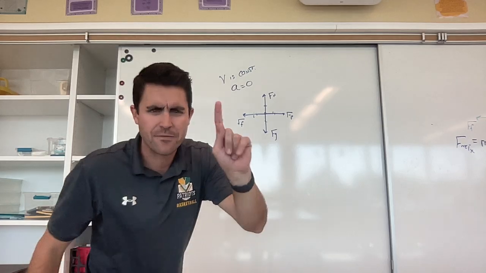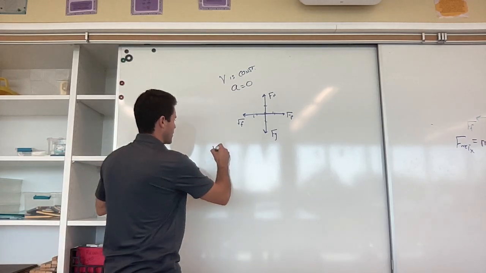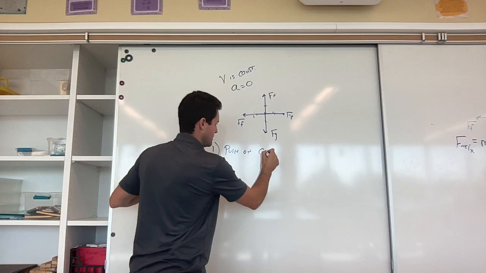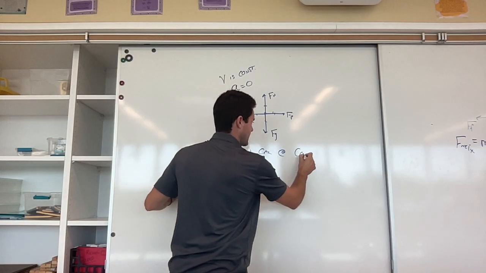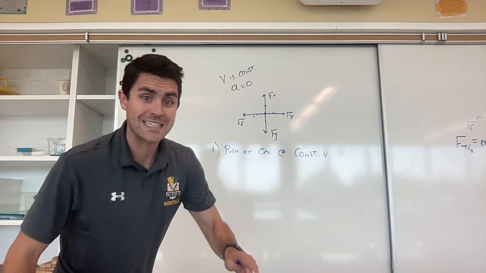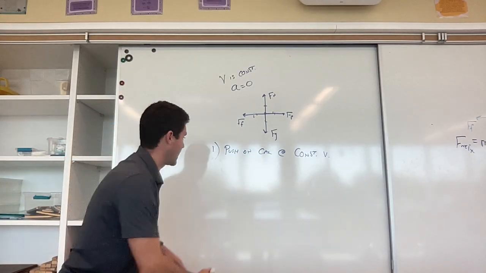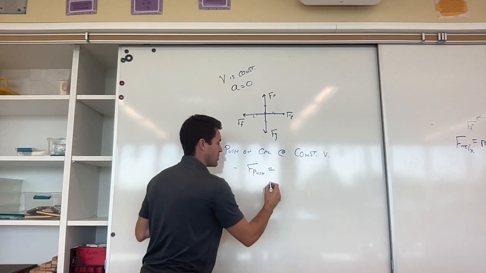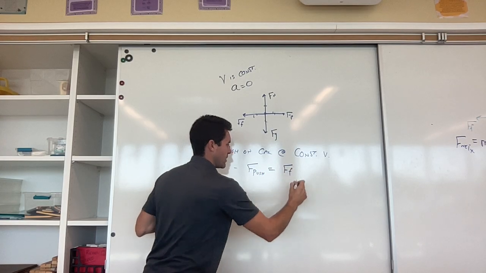So I have my first procedure: push on the car at a constant velocity, and the subtext is that F push will be equal to the force of friction.